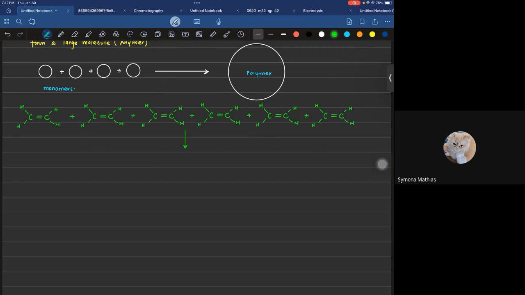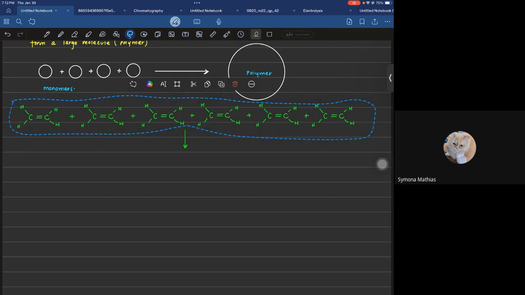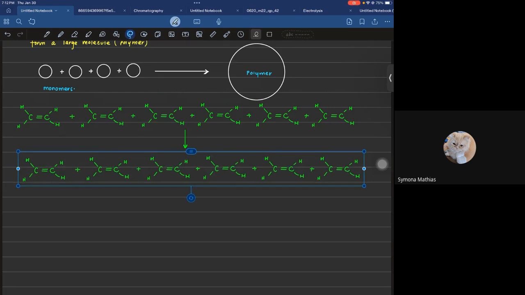You will see that every monomer has a pi bond, this and this. As a result, they will be joining together. You can see a double bond is going to break down in this manner, and they would be forming a new bond.